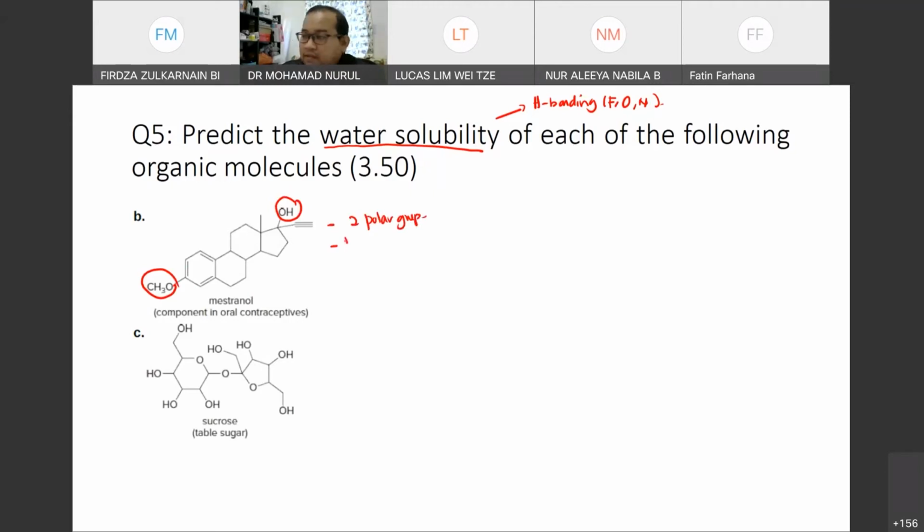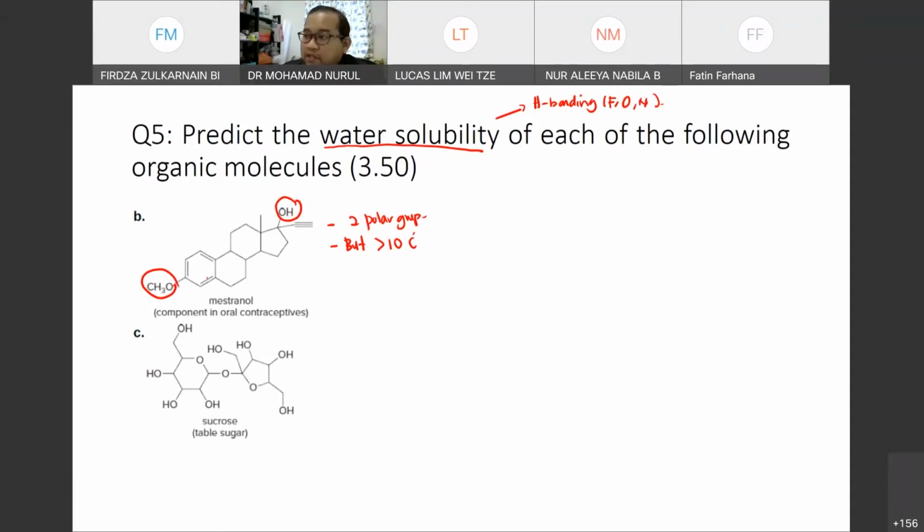But they have more than 10 carbons, which is related with the van der Waals.